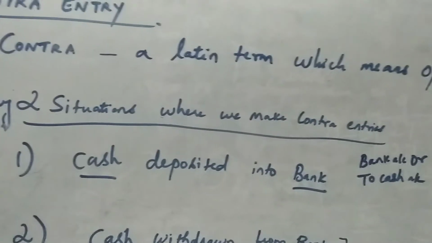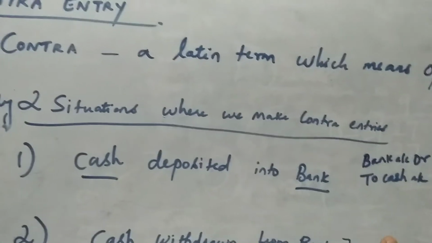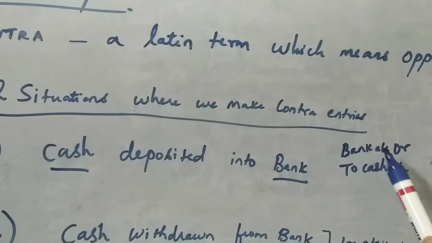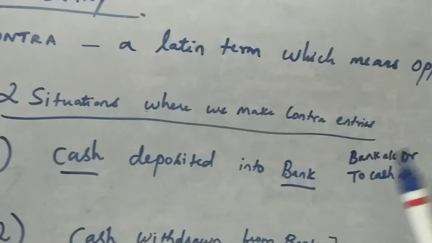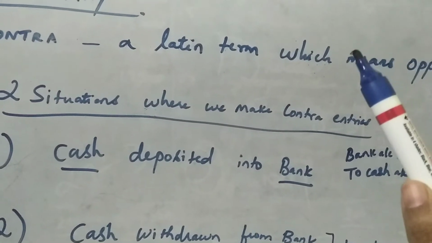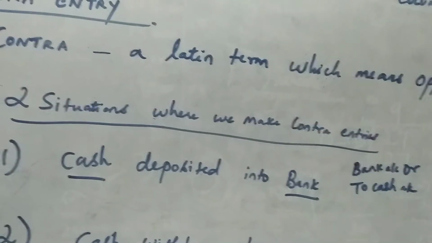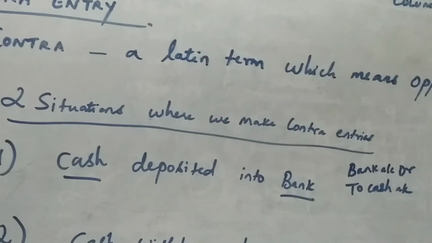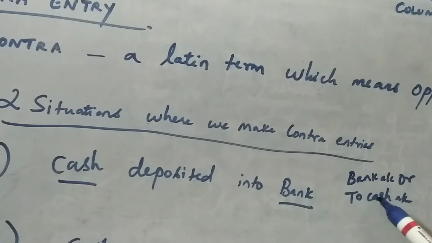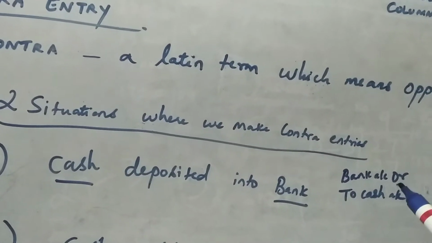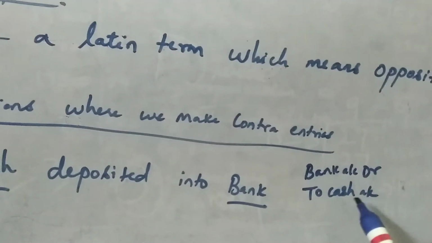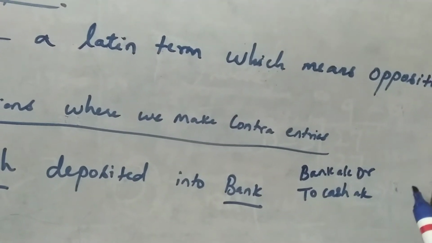So in this case, cash deposited into bank, you know the journal entry, bank account debtor to cash. So how will we post this transaction into the cash book? On the credit side, you will write by bank and put the amount in the cash column.